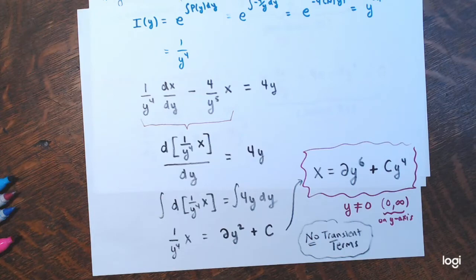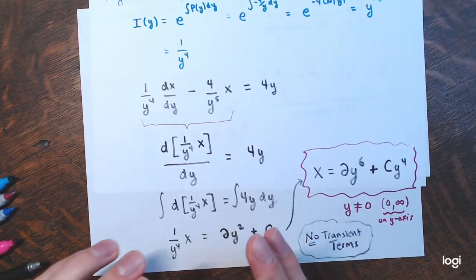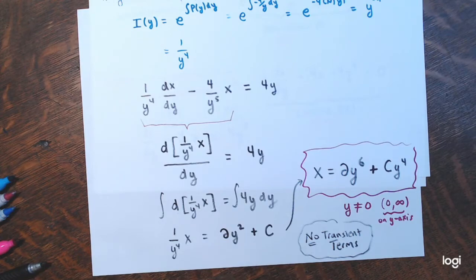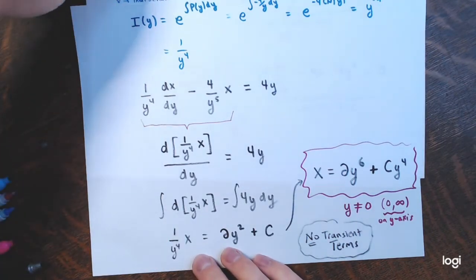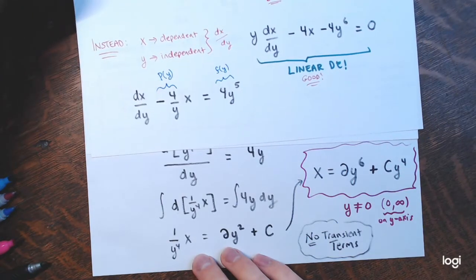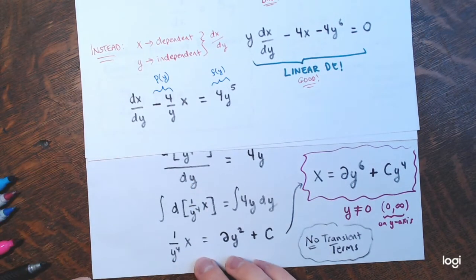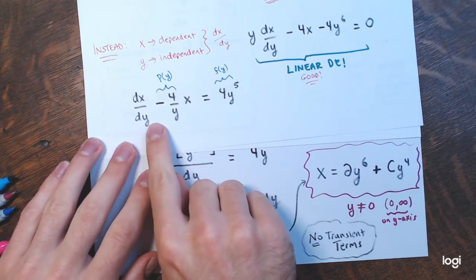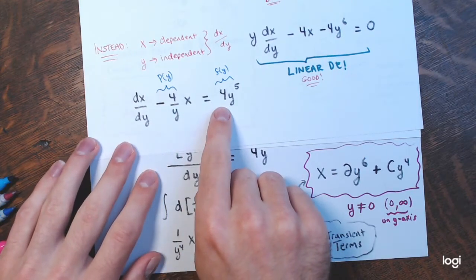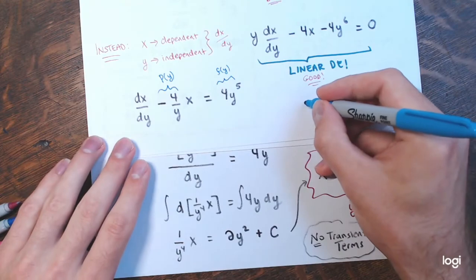Okay, and then if you wanted to use slope fields for this, you could just switch the role of x and y. Just actually switch the letters. So if I just switch every x with y here and solve for dy dx, right?